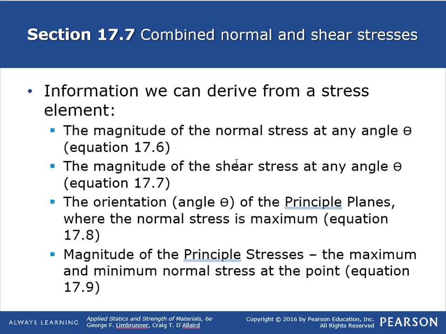What is the magnitude of the shear stress at an angle theta relative to primary axes? Another equation we have is what is the orientation angle theta of the principal planes where the normal stresses are at their maximum. Okay, when I say principal planes and principal stresses, that's kind of meaning something very similar.